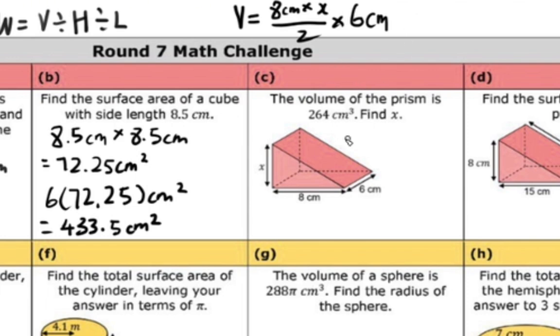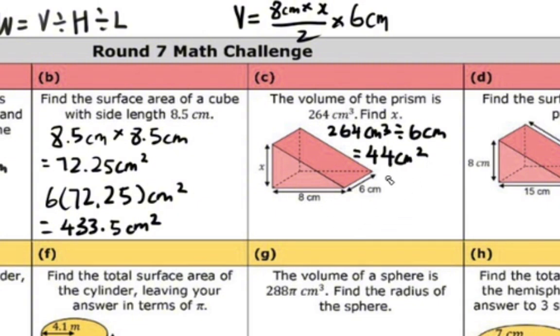So we can just take 264 cm cubed divided with 6 cm, which we will get 44 cm squared.